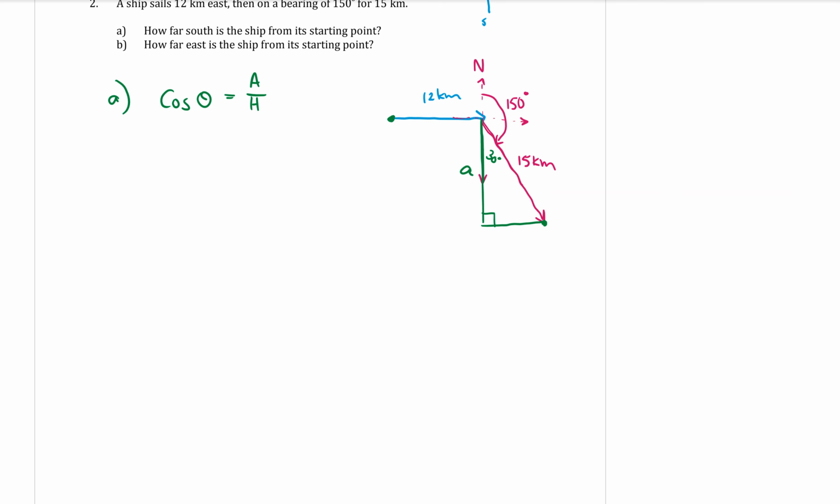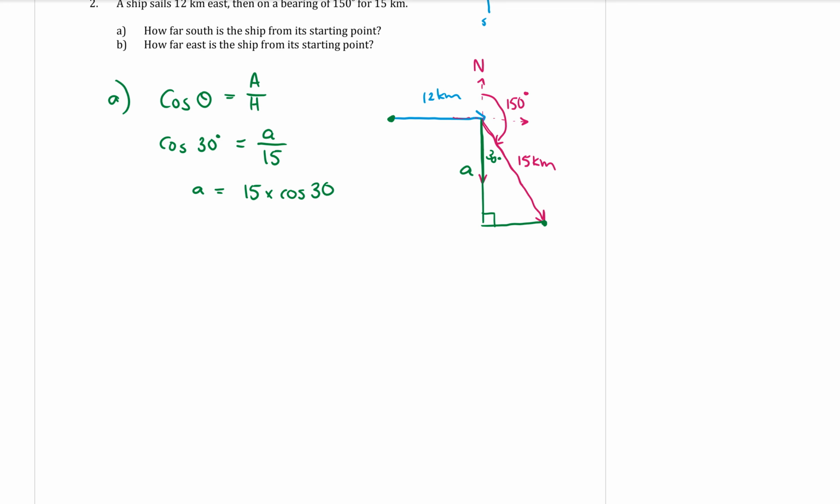Subbing into that formula, we have cos 30 is our angle. The adjacent, I have called it little a, over the hypotenuse, which is 15. Then to get the a by itself, because the a is on the top, I want to multiply the 15 across to the other side, which will make 15 times cos 30.